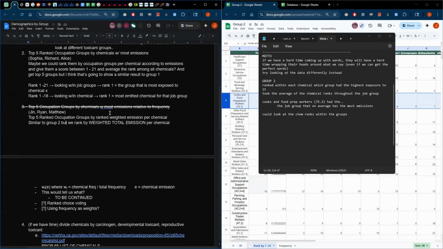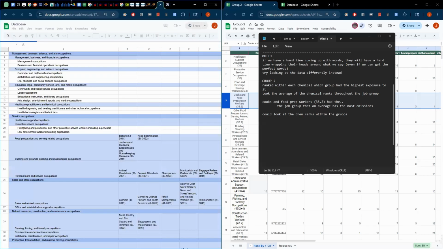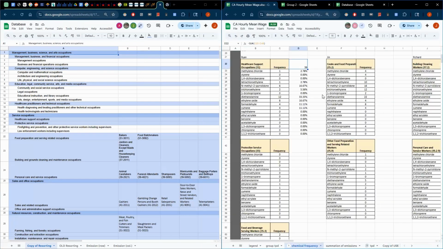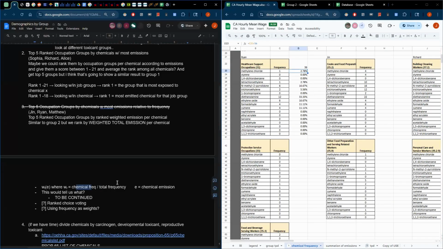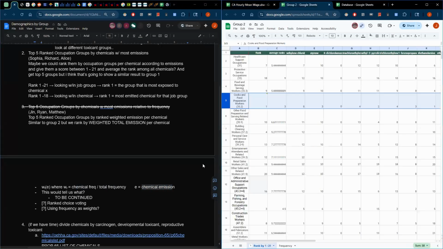Jin, go ahead. So we were looking at the ranked choice, but we were now going to weight them, and our weight was going to be what I showed you, what I thought of doing earlier here. We just take chemical frequency divided by total frequency, and we get these decimals, and then we multiply these with the corresponding chemical emission, and we rank them very similar to what we did here.